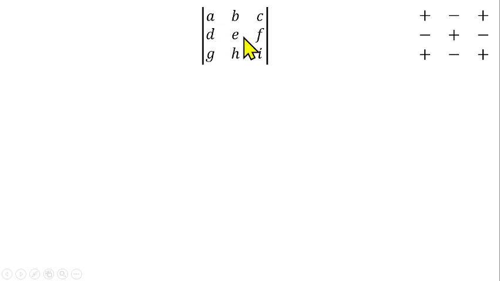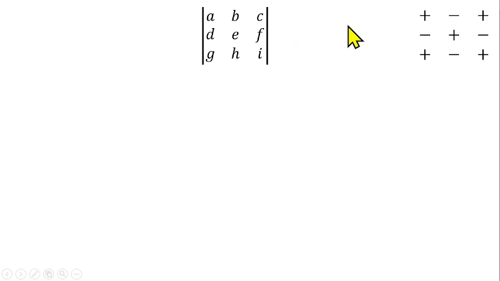Then we reduce this 3 by 3 matrix to a 2 by 2 matrix by closing the row this element belongs to, which is the first row, and the column it belongs to, which is the first column. We are then left with E, F, H, and I, which is a 2 by 2 matrix.